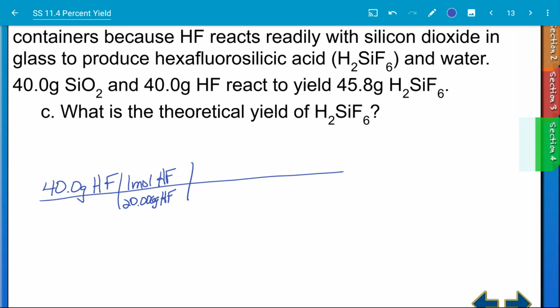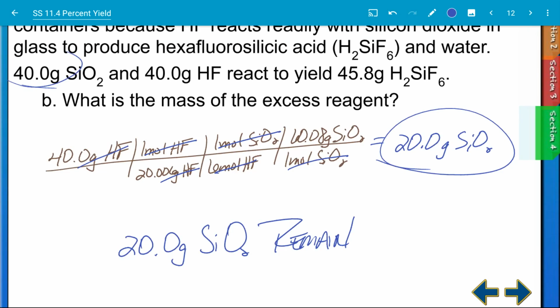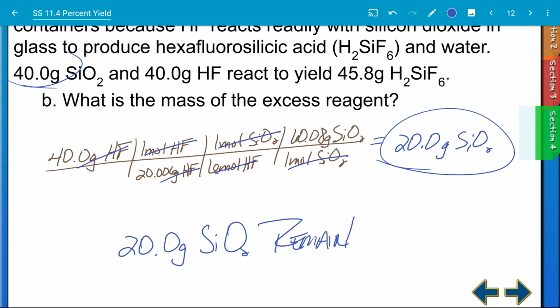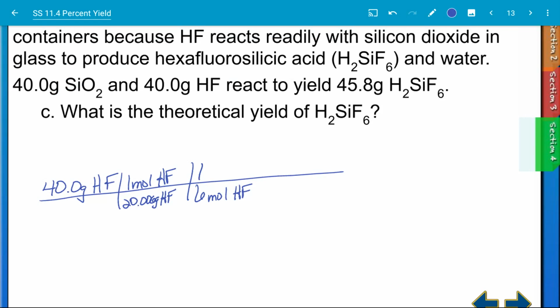And I know for 6 moles of hydrofluoric acid, I will produce 1 mole of H2SiF6. And I know that 1 mole of H2SiF6 weighs 144.091 grams. Make sure I have it set up correctly.